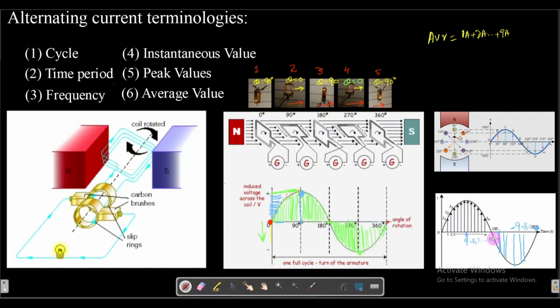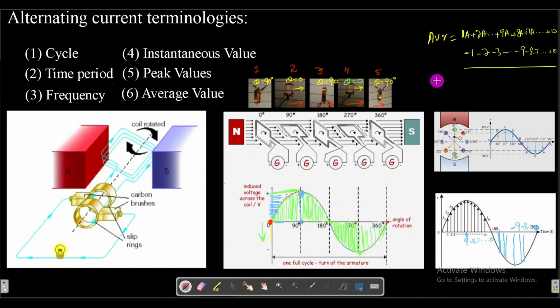After that 9 ampere it will again go towards 0, so it becomes 8 ampere, 7 ampere and equals 0. After that the values become negative: -1, -2, -3, reaching -9, and after that -8, -7, and it reaches 0 position.